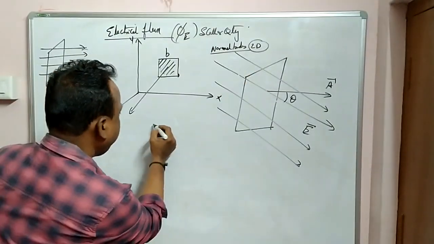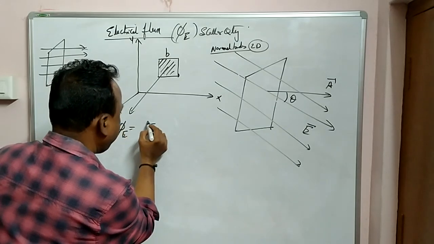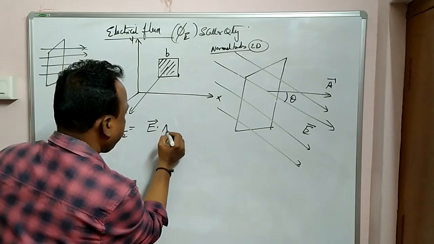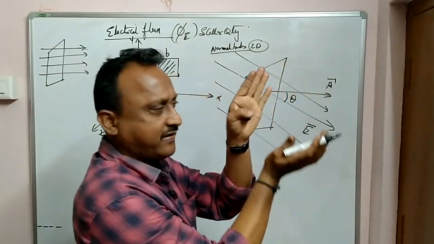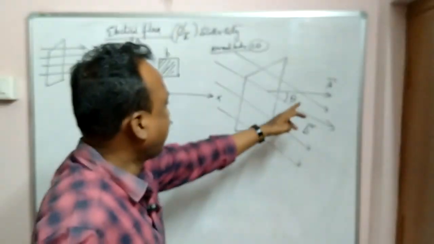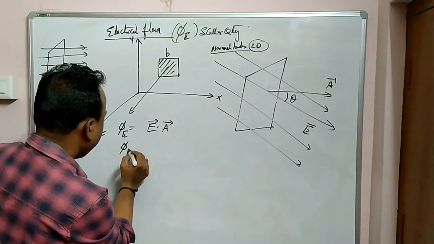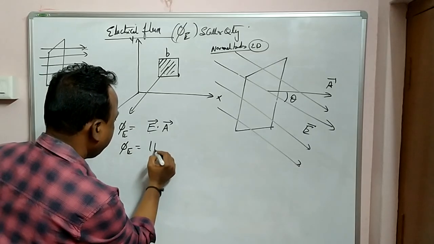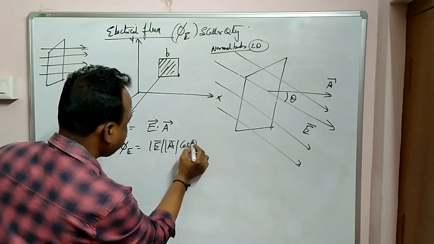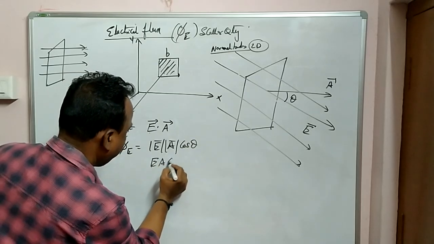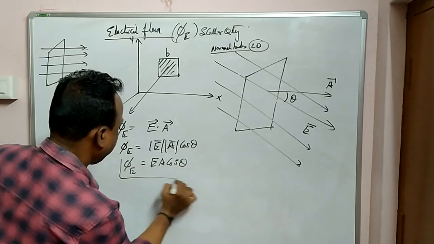So when you are defining electrical flux, we define it in this fashion: E dot A. The angle between the area vector, which is always perpendicular to the surface, and E. It is given by E dot A, or flux is given by mod E into mod A into cos theta, or EA cos theta is equal to electrical flux.